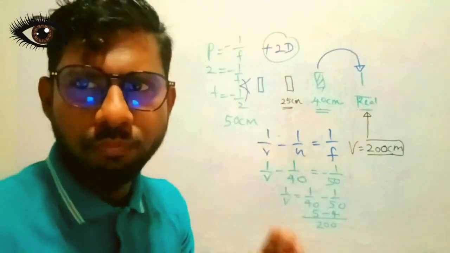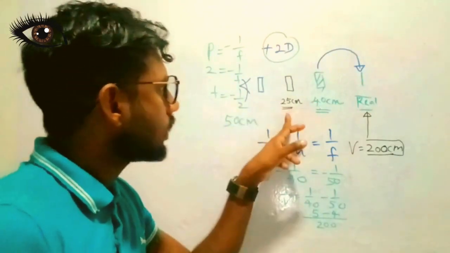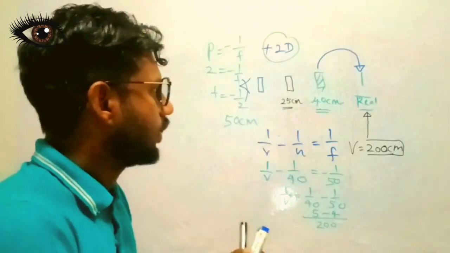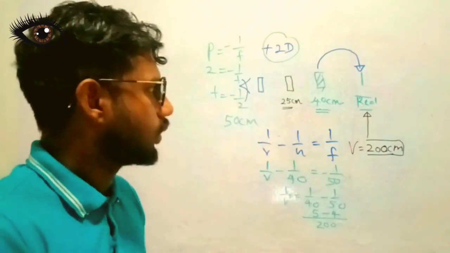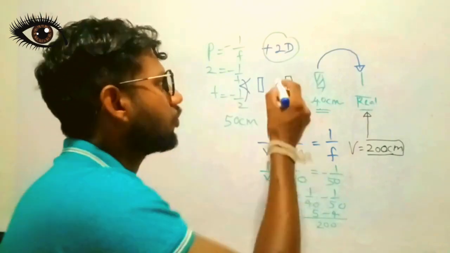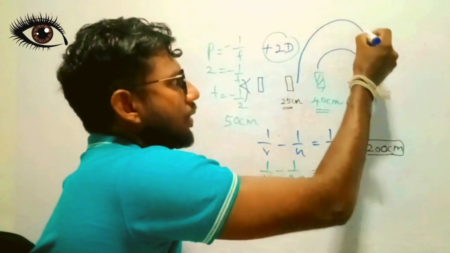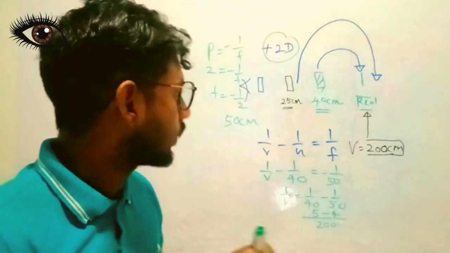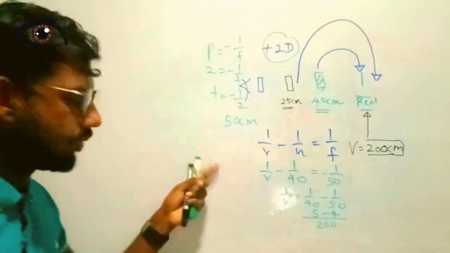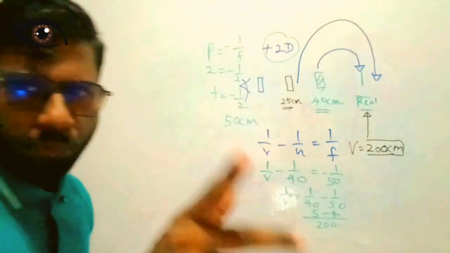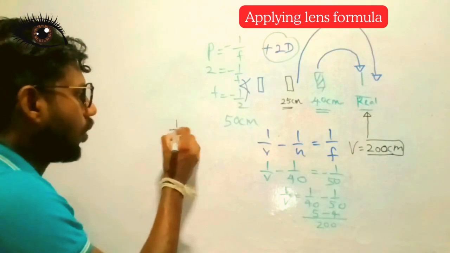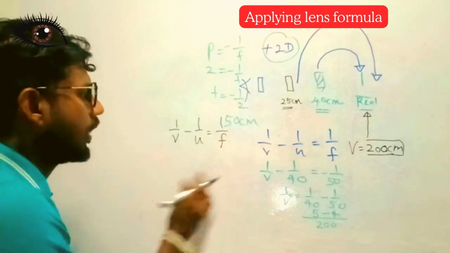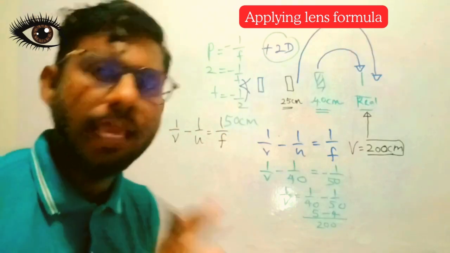Now they want us to see this book kept at 25 centimeters. So what we need to do is create an image of this book at the real near point, which is at 200 centimeters. Let's do the math over here. Let's apply the lens formula, 1 over v minus 1 over u equals 1 over f. Here we know both the image distance and object distance.